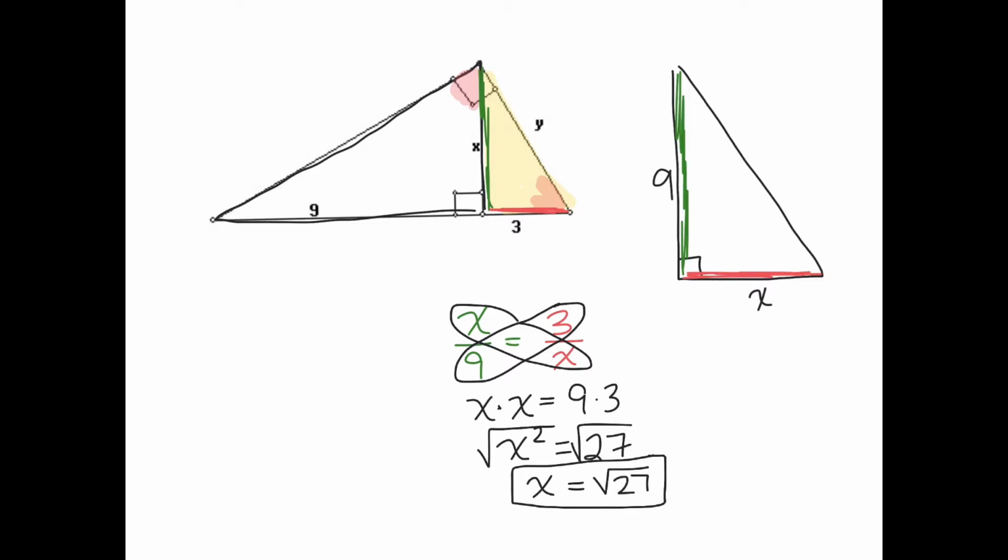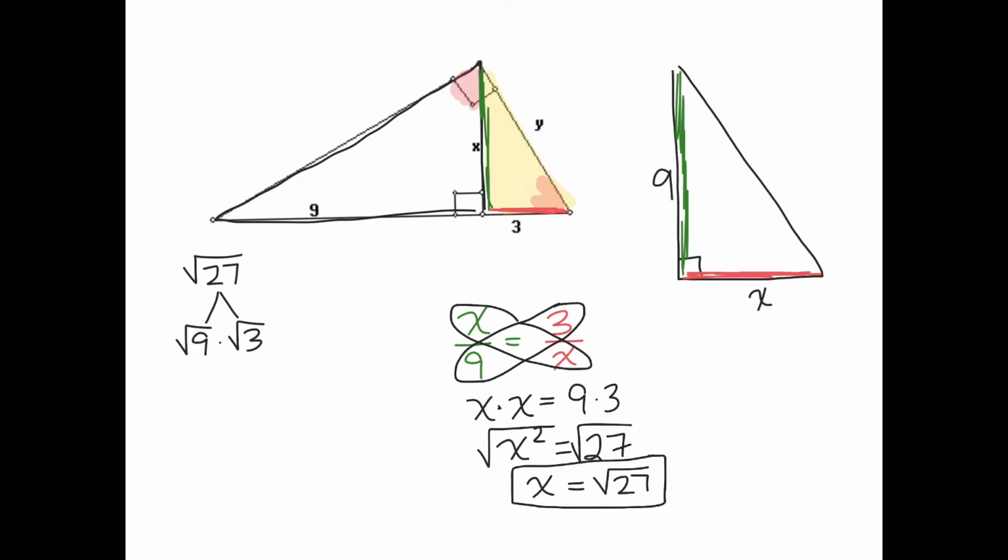Now another way that we could write our answer, if we want to simplify that radical, so this is the radical sign. What I just drew, that's called a radical sign. So if I want to simplify this, I can start thinking of the multiples that I have. So this is the same as the square root of 9 times the square root of 3.